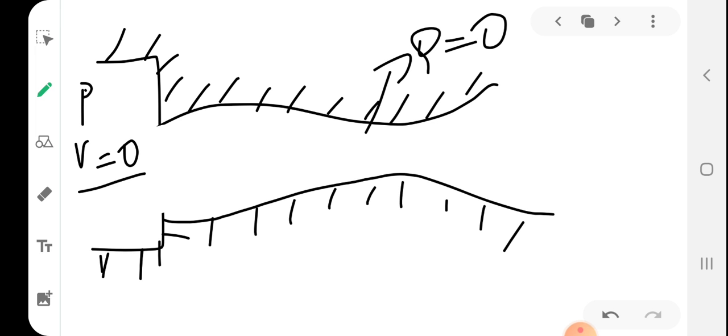So the pressure corresponding to this reservoir is P0, T0, rho 0, H0. So these are the conditions corresponding to the reservoir conditions, which can be the same as the stagnation condition.